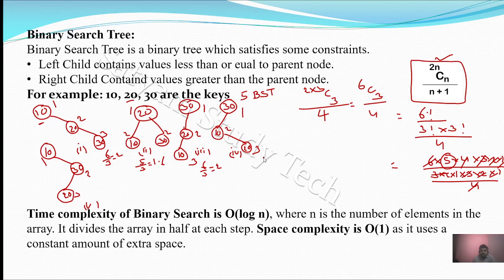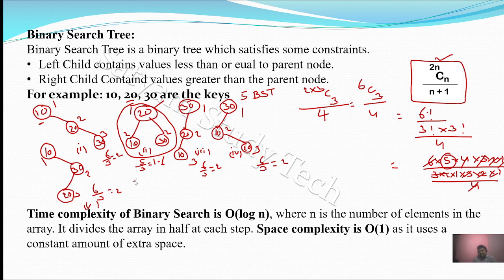Here also 6 by 3 is 2, and here also 6 by 3 is 2. So which tree has the minimum number of comparisons? This is the balanced binary search tree, so it requires the minimum number of comparisons.